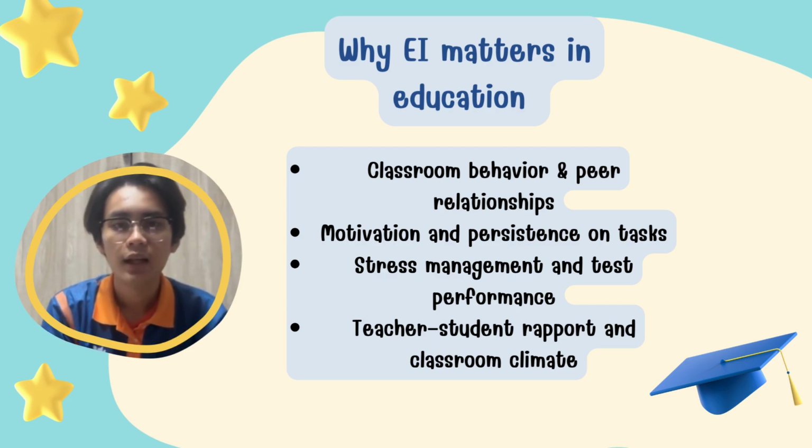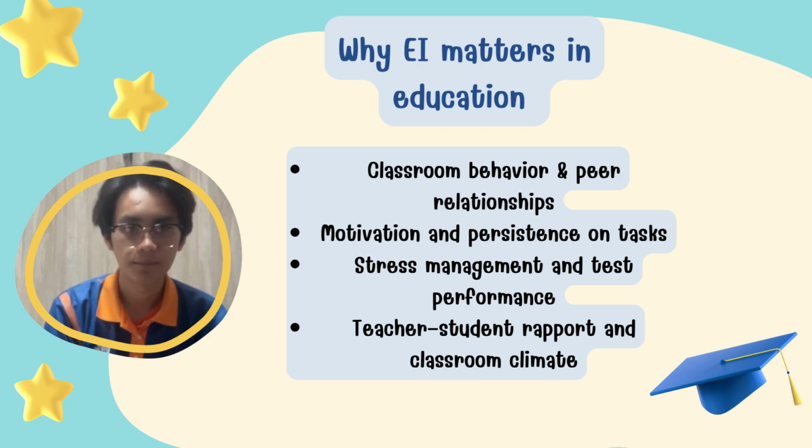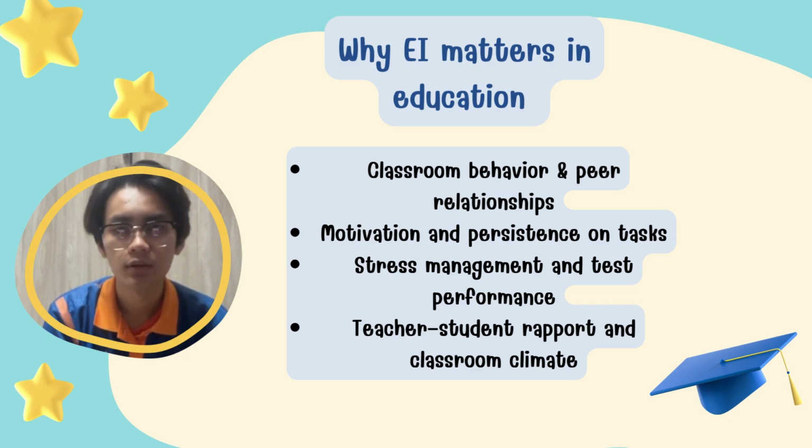The next one is, there are two main theories that explain emotional intelligence. The first is Mayer and Salovey's ability model, which says EI involves four steps: noticing emotions, using emotion to think, understanding what emotions mean, and managing them effectively.